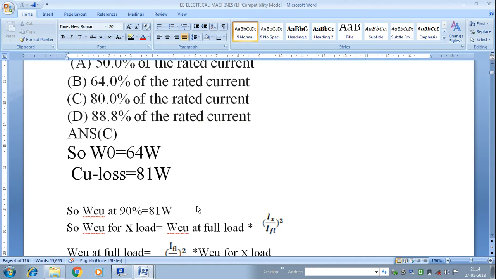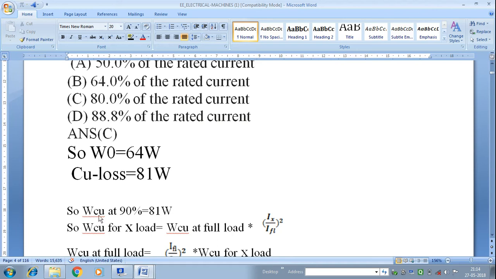That is, either it is half load or full load or quarter load or any fractional load, the iron loss always remains constant. But copper loss is the variable loss, that depends upon load condition.